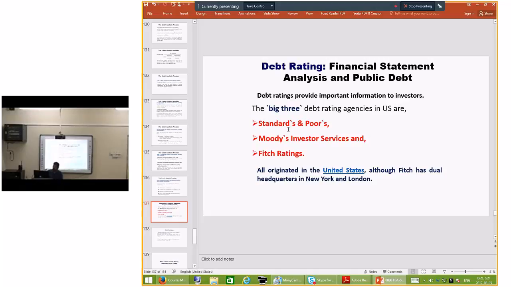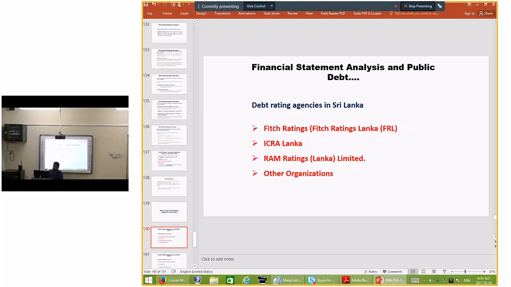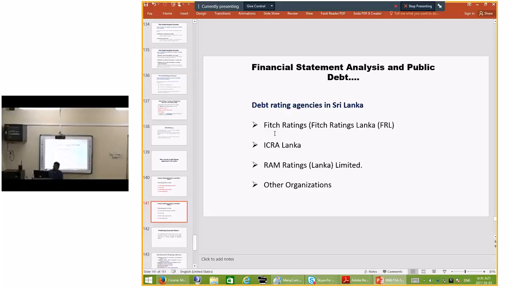That is the most famous one, Fitch Rating. In our country, we can see some here, Fitch Rating. Then here RAM Rating. There are a number of organizations here.